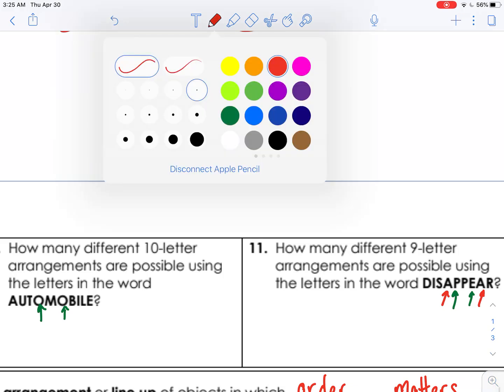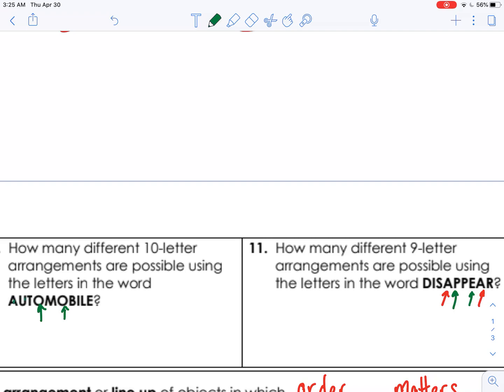So I'm going to count the number of letters just like I did before. So 1, 2, 3, 4, 5, 6, 7, 8, 9, 10 for automobile. So I've got 10 letters to pick from, then 9, then 8, then 7, then 6, 5, 4, 3, 2, 1, or you could call this 10 factorial.